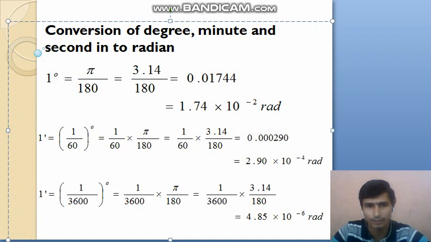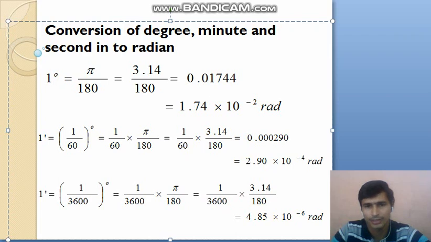Now 1 minute is first converted into degree. 1 minute is equal to 1 divided by 60 degree. Then multiplying by pi by 180 and placing the value of pi as 3.14, we get an answer in radian, 2.90 into 10 raised to the power minus 4.